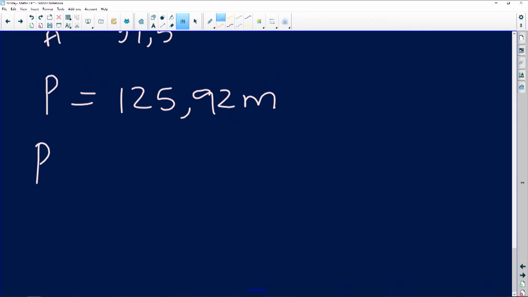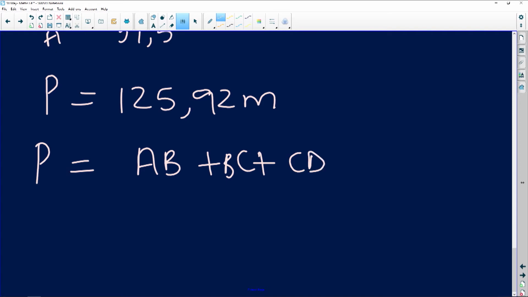So if you've got a four-sided shape like we have over here, perimeter is going to be AB plus BC plus CD plus AD. You see what I did there?